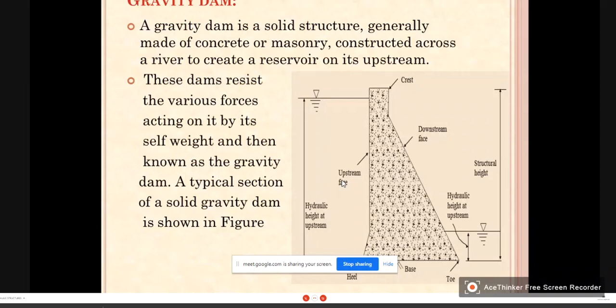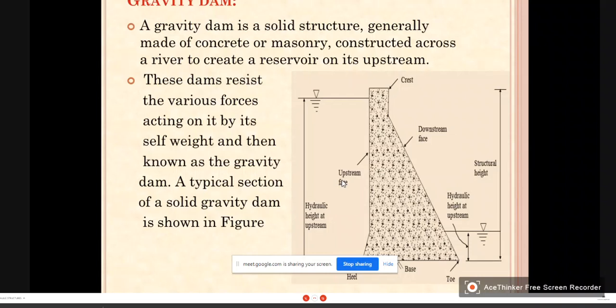What is a gravity dam? We all already know about gravity dams, and once again we are going through this. It is a solid structure, and generally it is made up of concrete or masonry, constructed across the river to create the reservoir on the upstream side. These dams resist the various forces acting on them by their self-weight, and so it is known as a gravity dam.